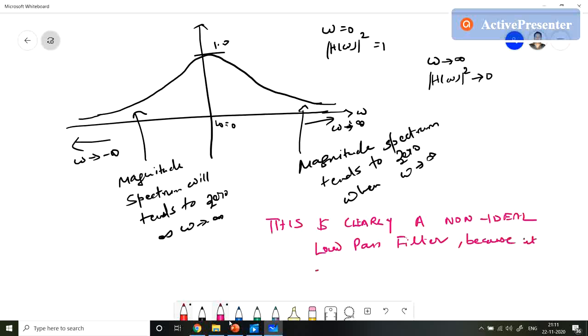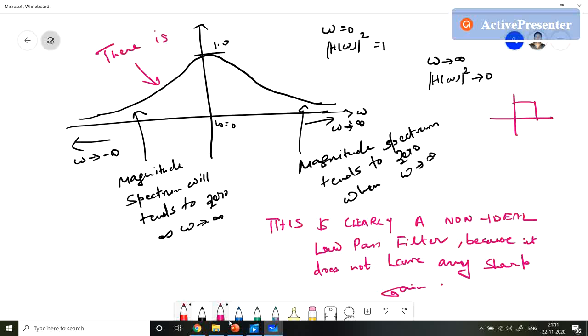If we see the ideal low pass filter, we have sharp gain. Here there is no sharp gain. So this is a non-ideal low pass filter.